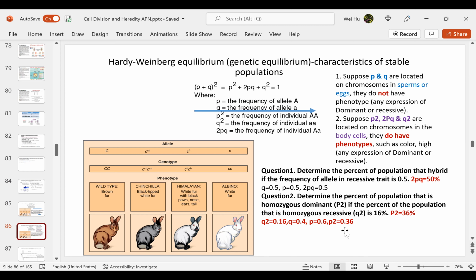So let's emphasize. How do you use this in your body? Just think about it. All your germ cells only contain one allele. They can contain big P or small p. Do they show phenotypes? No, they are just single cells, correct? And think about that your body cells must have two alleles.